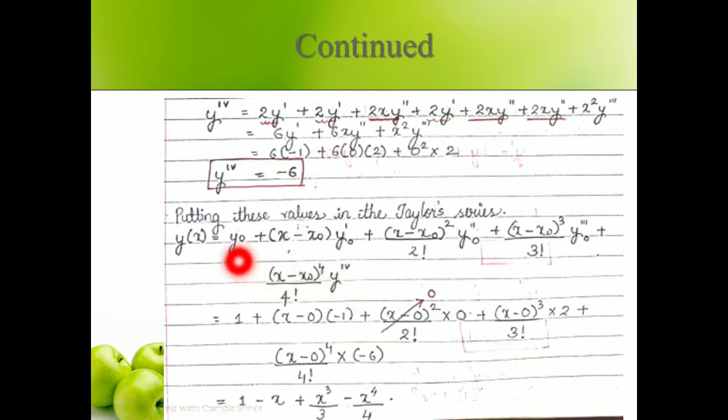So initial value y naught is 1 plus x minus 0 into minus 1 plus x minus 0 the whole square divided by 2 factorial into 0 because y double dash is 0, x minus 0 the whole cube divided by 3 factorial into 2, y triple dash is 2. x minus 0 the whole raised to 4 divided by 4 factorial into minus 6, y to the power 4 is minus 6. After substituting we get the equation, that is 1 minus x plus x cube divided by 3 minus x to the power 4 divided by 4.